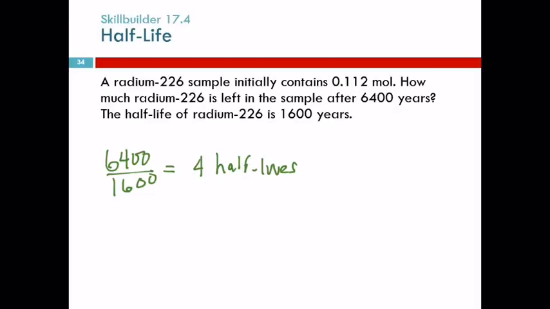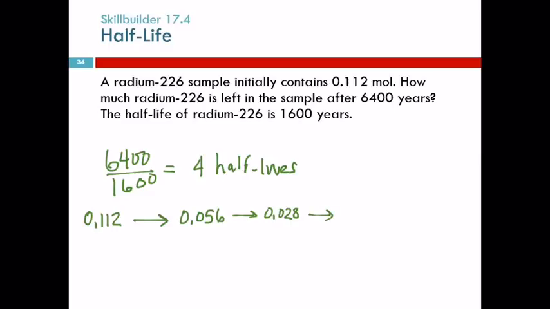So we've got 0.112. After 1 half-life, I got my calculator out, didn't take off the cover. 0.112, it's going to get cut in half, divide by 2, 0.056. After another half-life, divide by 2, 0.028.